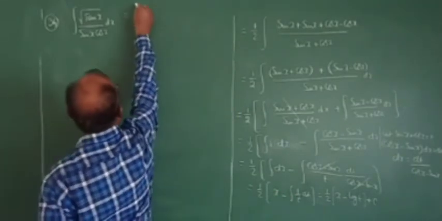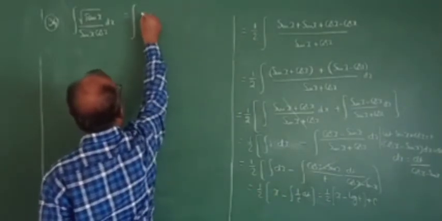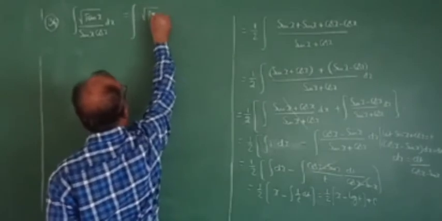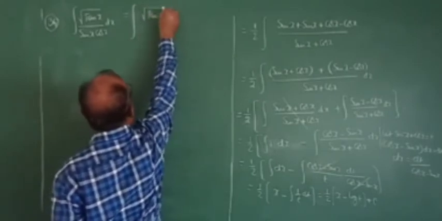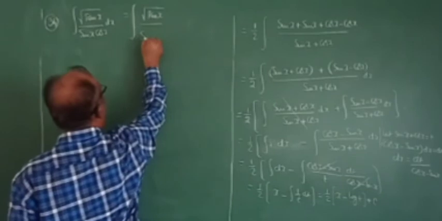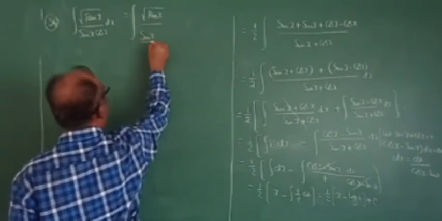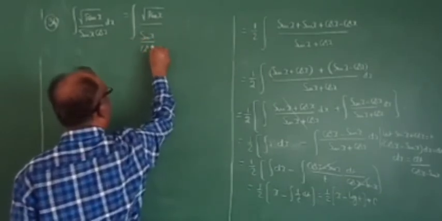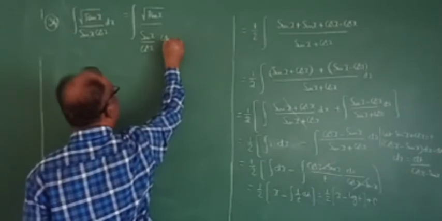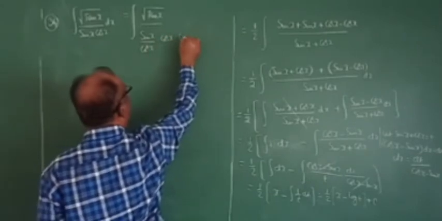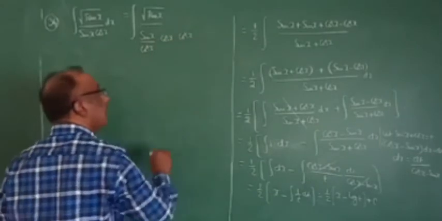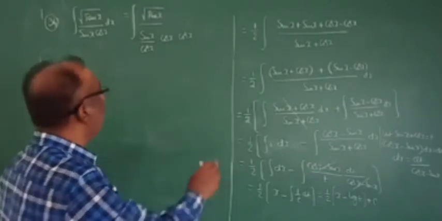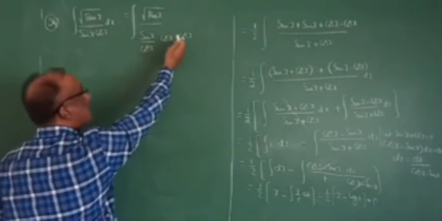Now see, integral of root of tan x by, here I will write, sin x by cos x into cos x. Already we have one more cos x outside here. Cos x is cancelled, and we get sin x cos x.